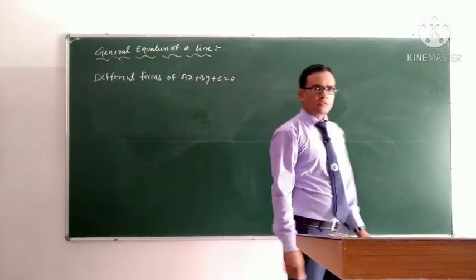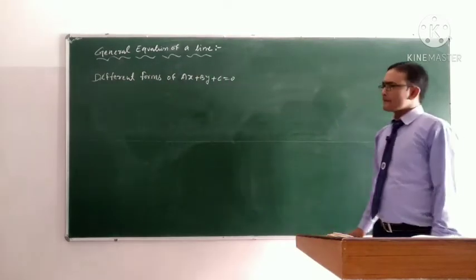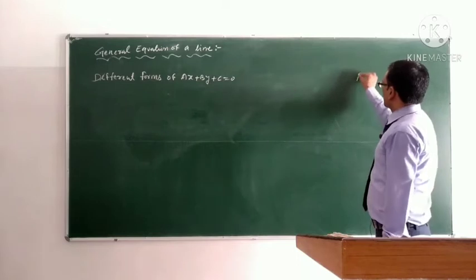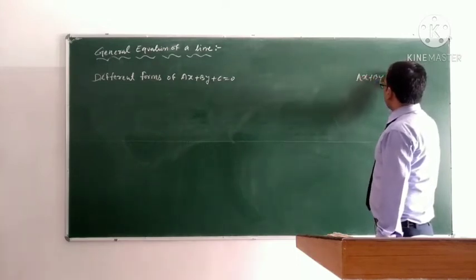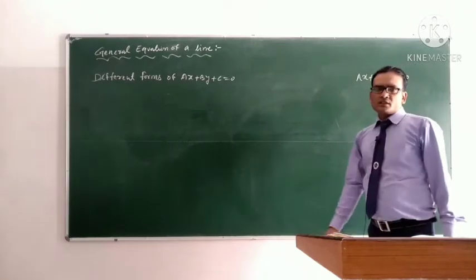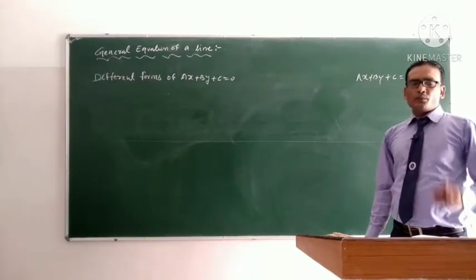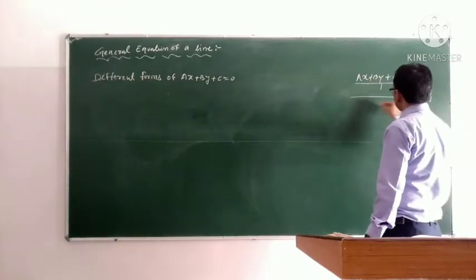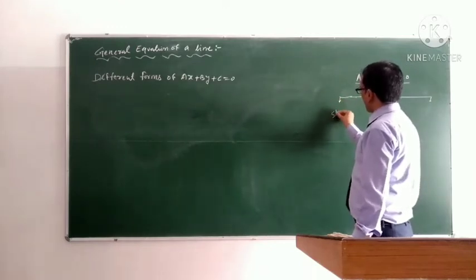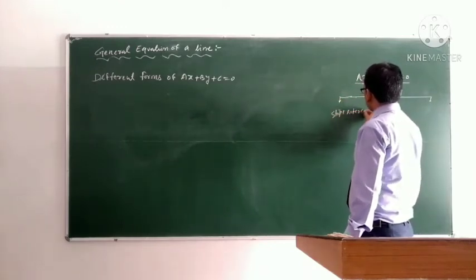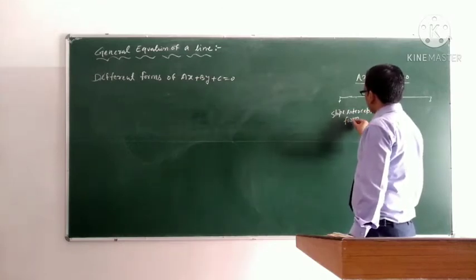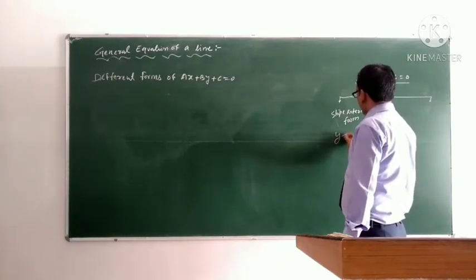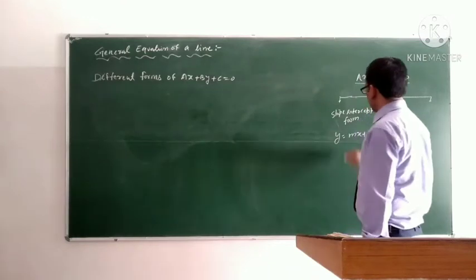In this section, we will discuss different forms of ax plus by plus c equal to 0. That means ax plus by plus c equal to 0 is the general equation of a line. We convert this line into the slope intercept form. That means this equation is converted into y equal to mx plus c in this form.